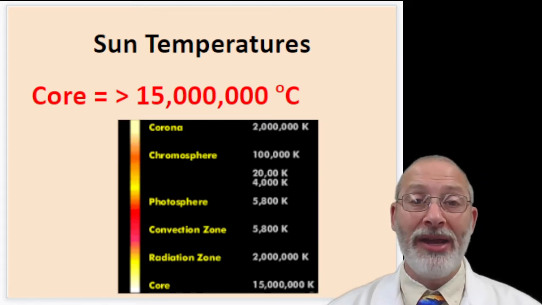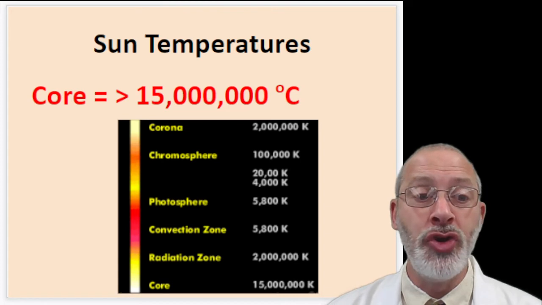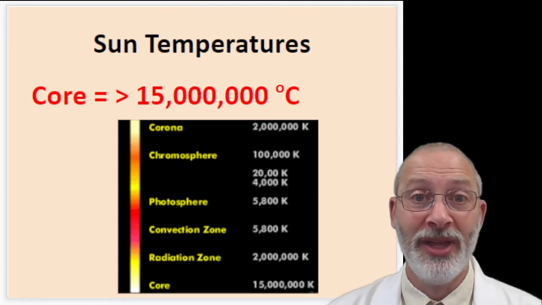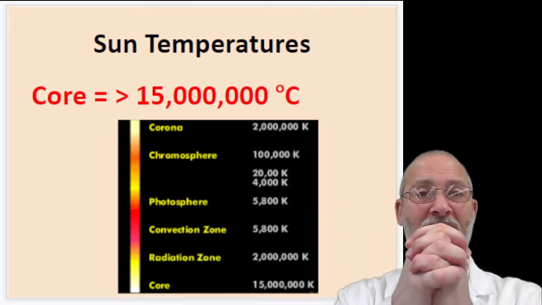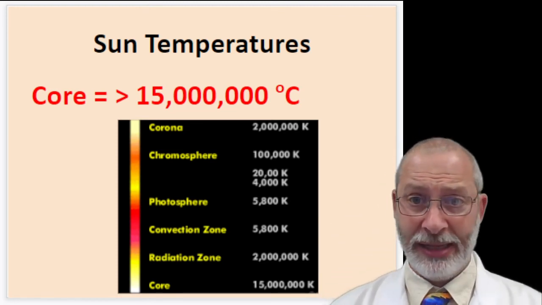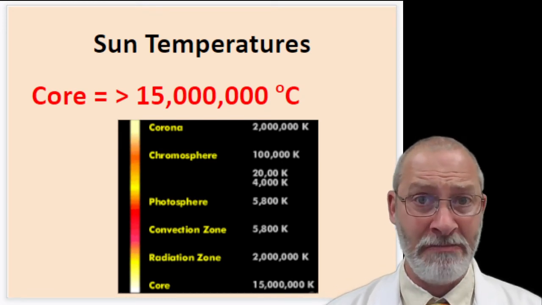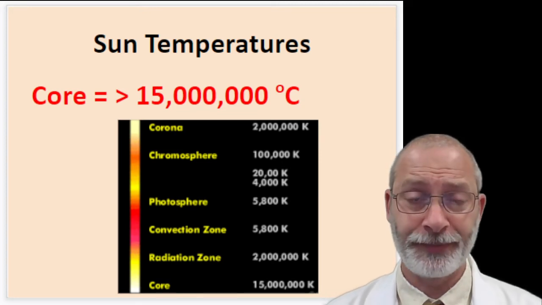It requires that incredible temperature in order for nuclear fusion to take place. The squeezing together of those atoms of hydrogen to form helium. You need temperatures in excess of 15 million degrees Celsius to achieve that.